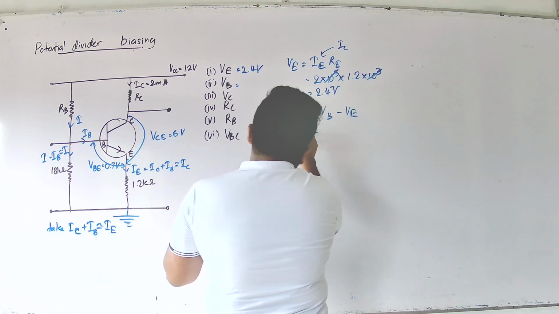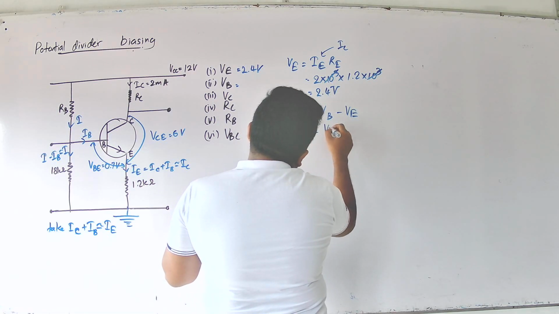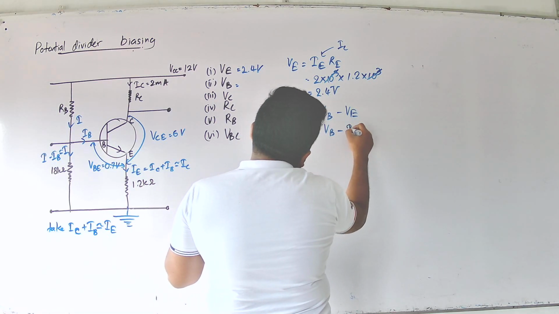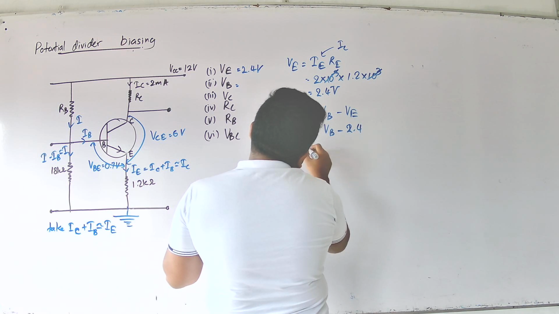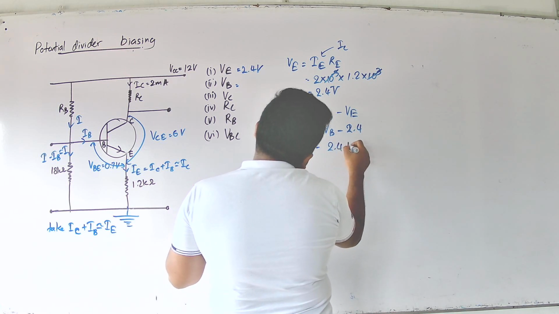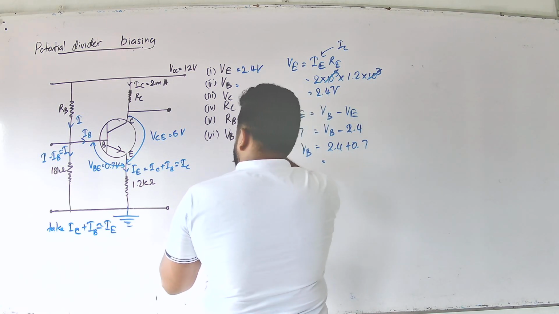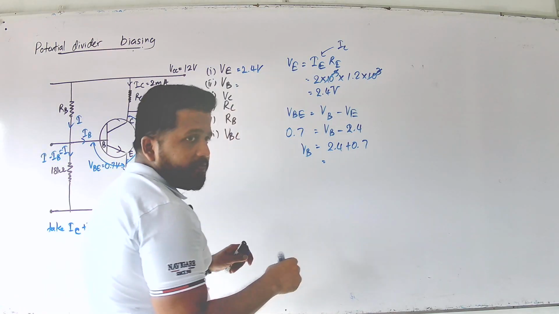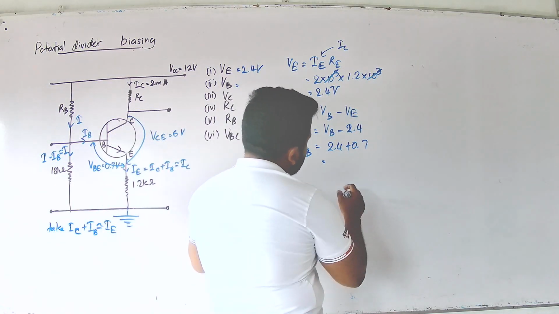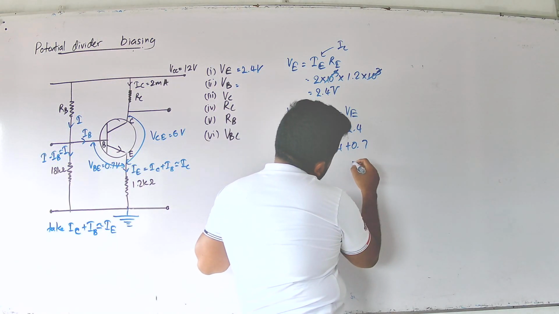So VBE equals 0.7. So VB minus VE 2.4. VB means 2.4 plus 0.7, right? That means 3.1.